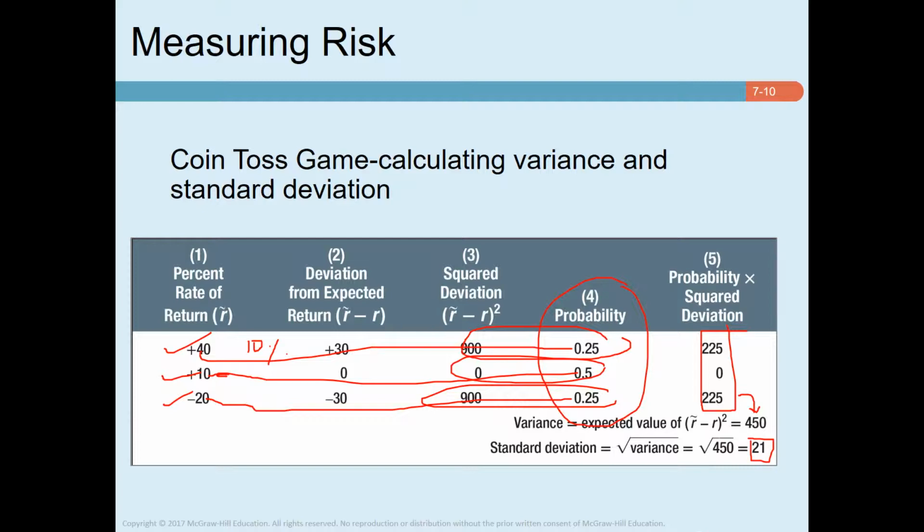As I told you previously, this standard deviation shows how your individual observations vary from the mean value. Individually, this number may not be very meaningful. For example, if we say the standard deviation of a stock is 21, that may not be very meaningful.